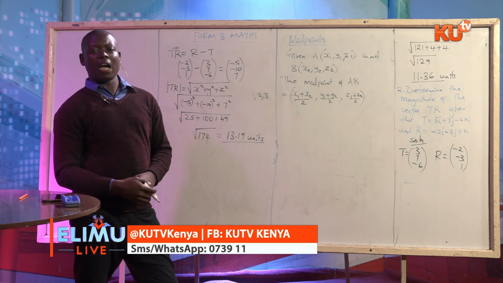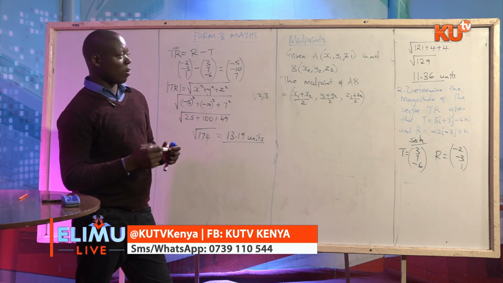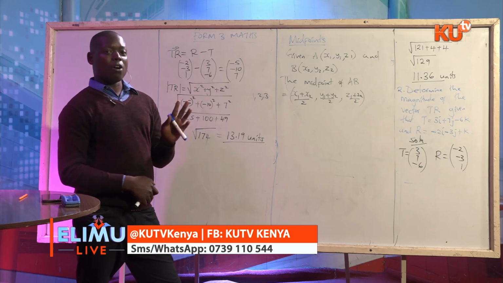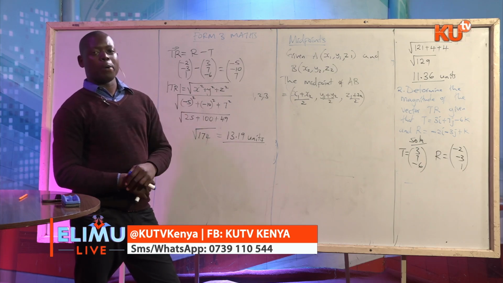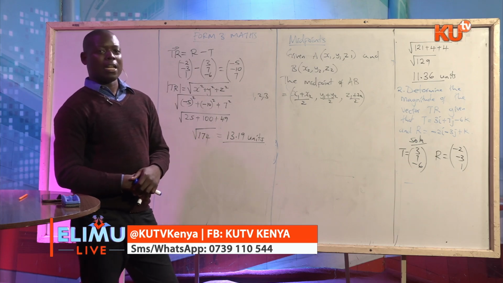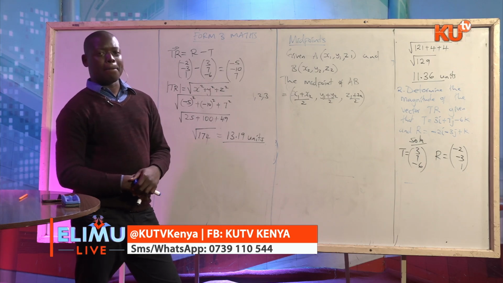Ensure that your coordinates are well enclosed in brackets, and that is the midpoint of a particular set of points. It can only be for 2 points. We cannot find the midpoint of 1 point because we need to have a set for us to be able to tell that this is the midpoint of these particular points.